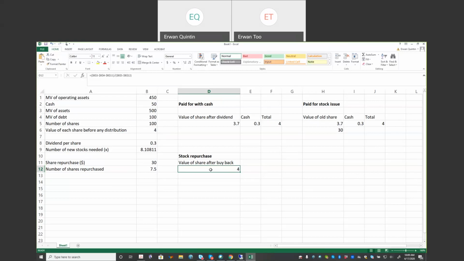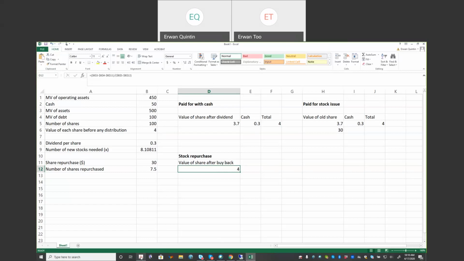Whether you pay dividend or not, the size of the dividend, how you finance that dividend, whether you do a share repurchase or not, the size of that share repurchase, whether you choose to sell your stock in the context of a repurchase or keep your stock in the context of a repurchase, your financial position as an incumbent shareholder is completely unaffected, because all that's happened through all those complicated calculations is we've moved money from one of your pockets to the other one, and obviously that cannot affect you.